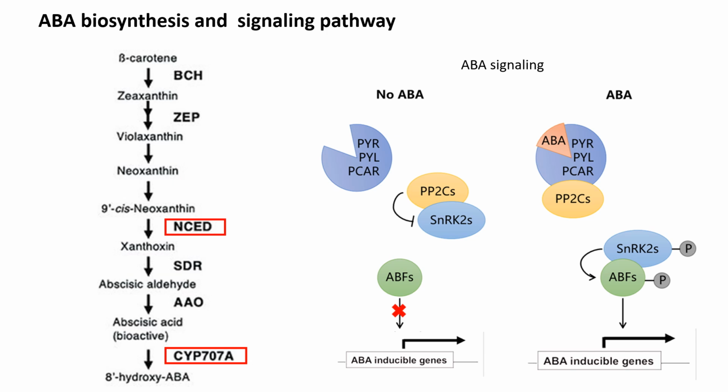In the absence of abscisic acid, the transcription factors, which are the ABA response element binding factors or ABFs, cannot bind to the promoters of ABA inducible genes because they are not phosphorylated. They need to be phosphorylated by enzymes which are kinases belonging to the family of sucrose non-fermenting 1 related kinases, or SNRKs.